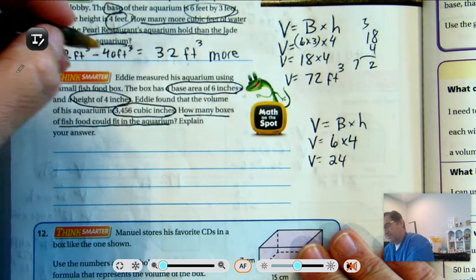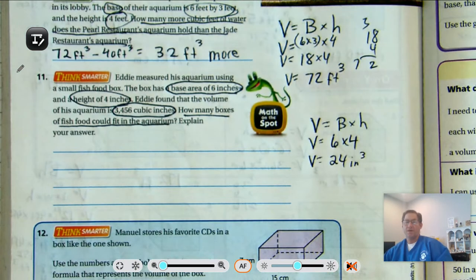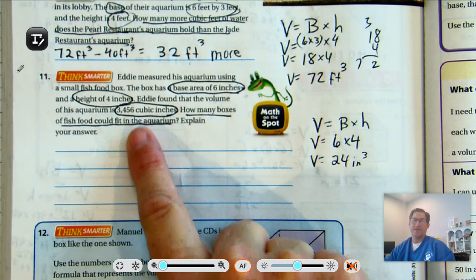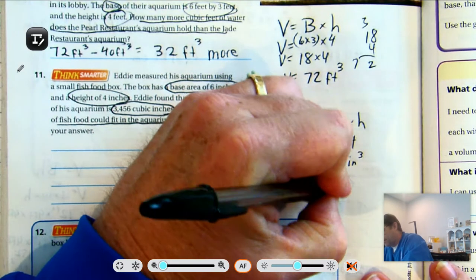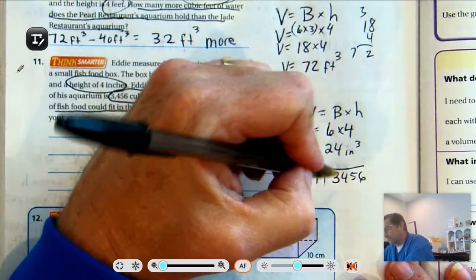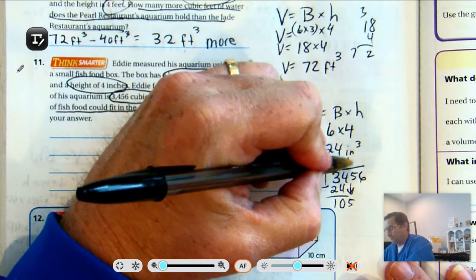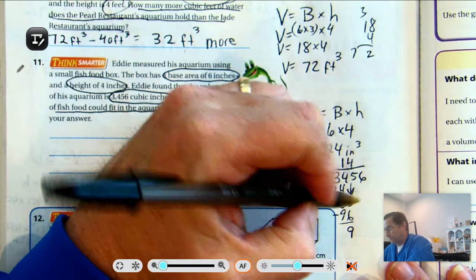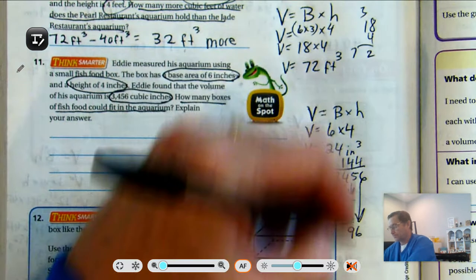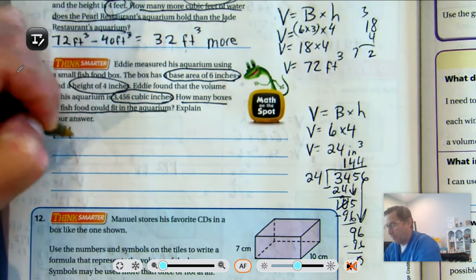So each small fish food box is 24 inches cubed. So how many of those 24 inches cubed can be taken from 3,456? So we're just going to divide. All right, so it's going to be 144 boxes.